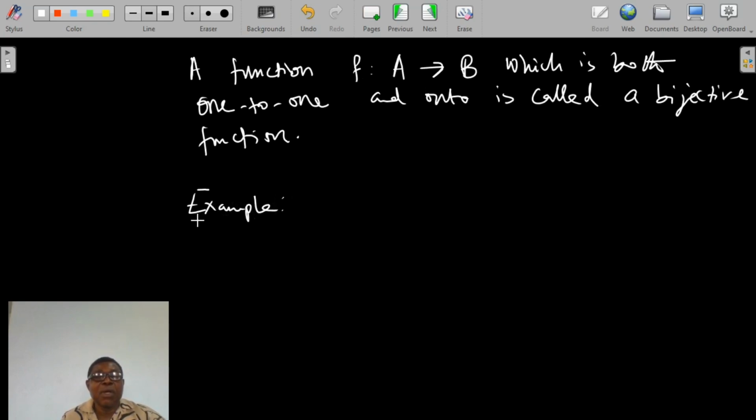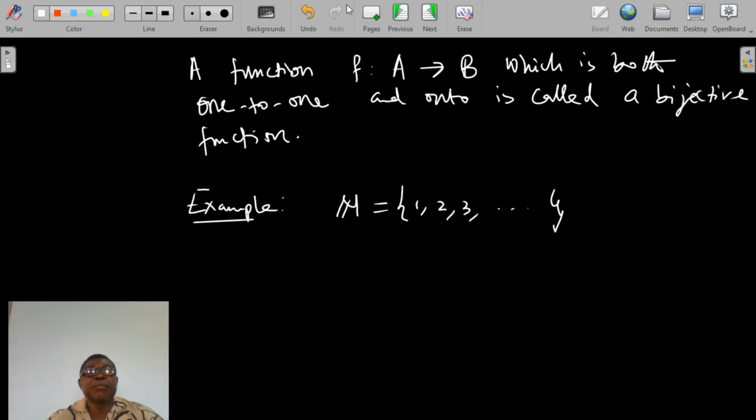Example, let us assume that we are given N to be equal to the set of natural numbers 1, 2, 3, and so on. And we are also given E to be equal to the collection of all even numbers 2, 4, 6, and so on.